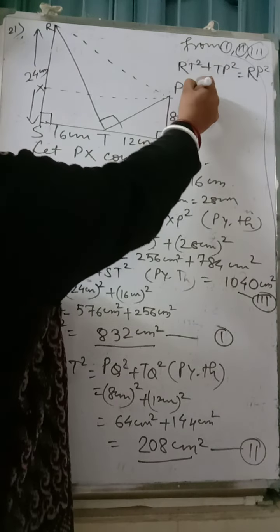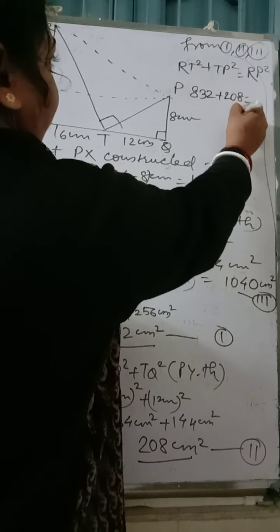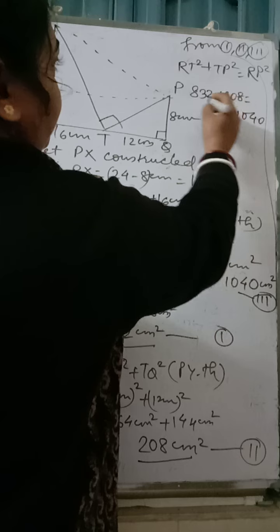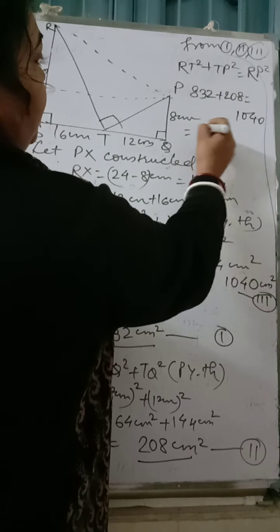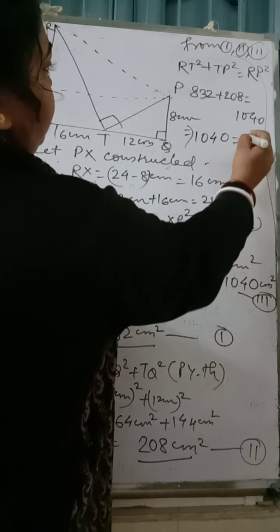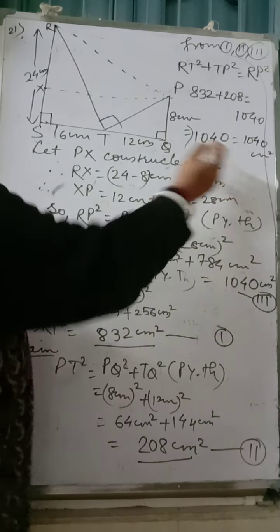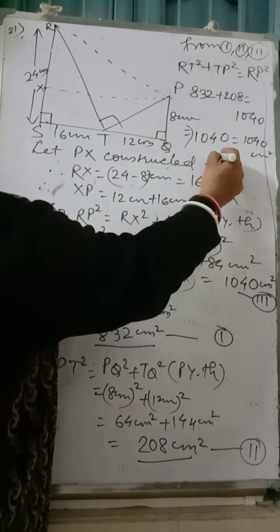Now 832 plus 208 is equal to 1040, so 1040 is equal to 1040 centimeter square. That's what we can find.